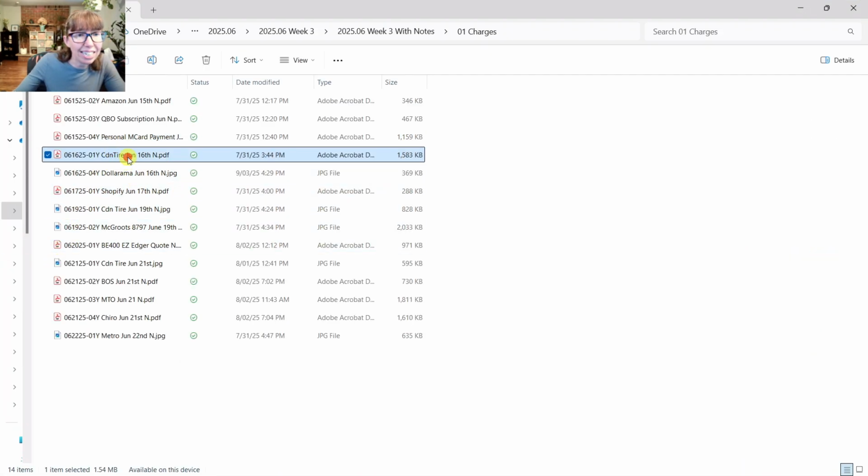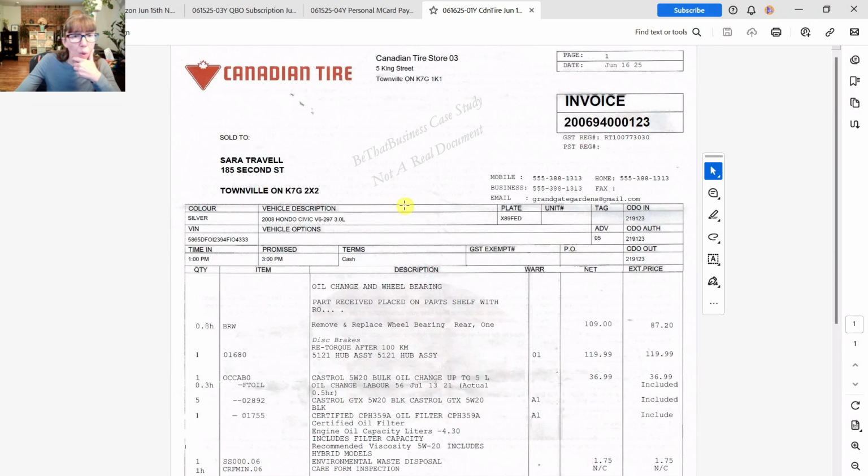We have Cdn Tire. And here, we're looking at the details of this Cdn Tire invoice. You can see that it's her 2008 Honda Civic that got serviced.